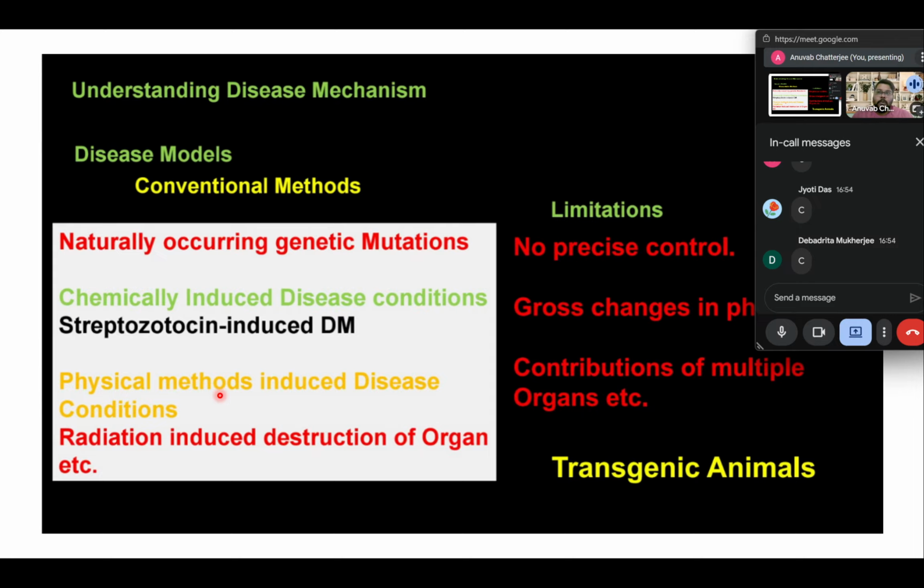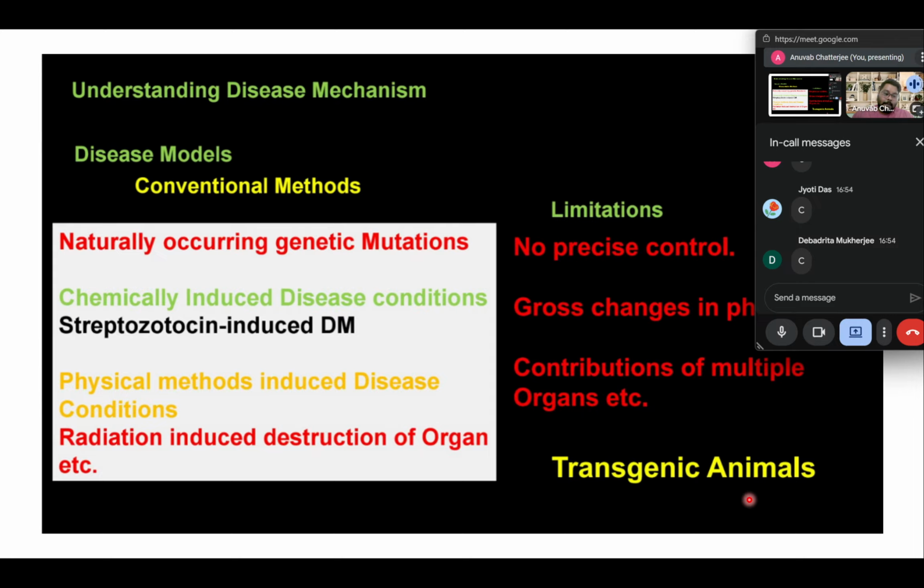You do different physical methods, such as ablation of different nerves to study peripheral nerve injuries, or you use radiation to figure out how the organism deals with it. But the limitation of this is there is no precise control because all of these are macroscopic methods. There is a gross change in phenotype of the organism, and the contribution of multiple organs or multiple systems can take place to help recover from the physical change that you have done.